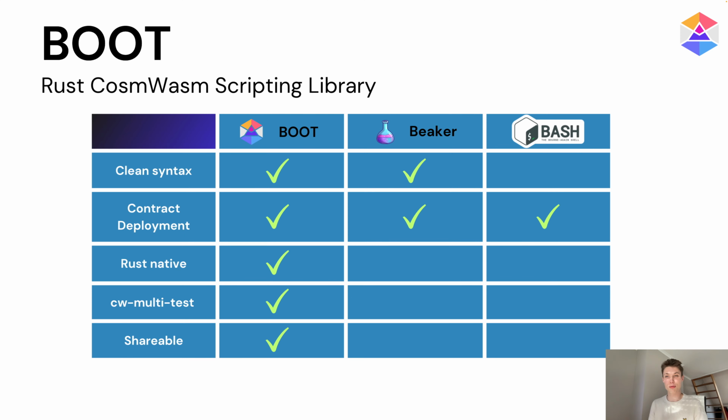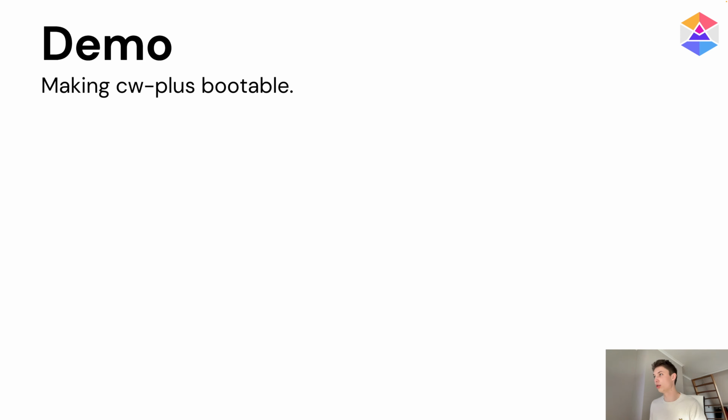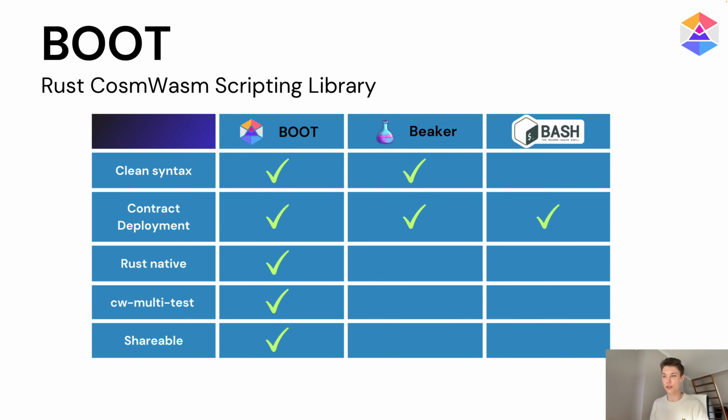Boot is Rust native, which means that when you update your smart contract code, the code that you use to test and deploy your application will also break, and it will keep you up to date, basically, which is very easy. We have support for CW multitest, as I already mentioned, and the code that you write with Boot is shareable, which enables anyone to use your contract.